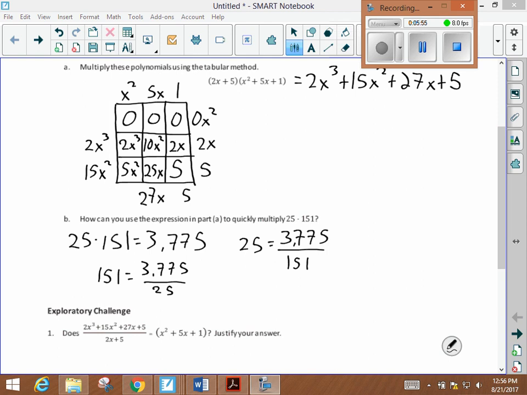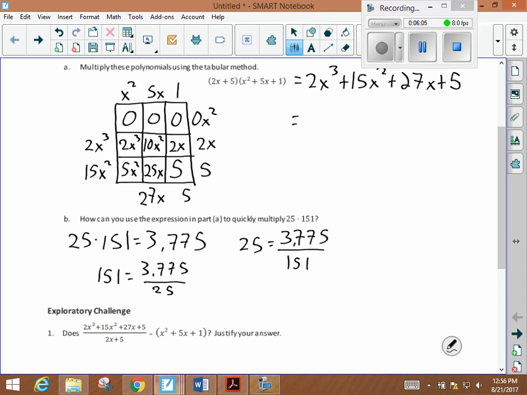But if we're going to answer this question here, it looks like we substitute 10 in for x. So let's put that up here. We're going to let x equal 10, and I'm going to move that into a different spot so it doesn't get confused with what we're doing.